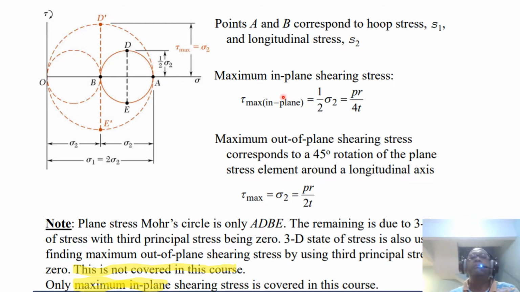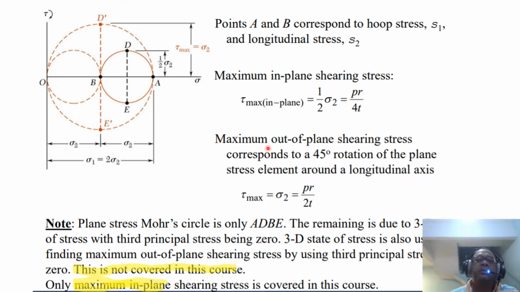And the maximum in-plane shearing stress from this Mohr circle is equivalent to the radius, which is the difference between sigma 1 and sigma 2 divided by 2, and that is half of sigma 1, which is equivalent to PR over 4T.